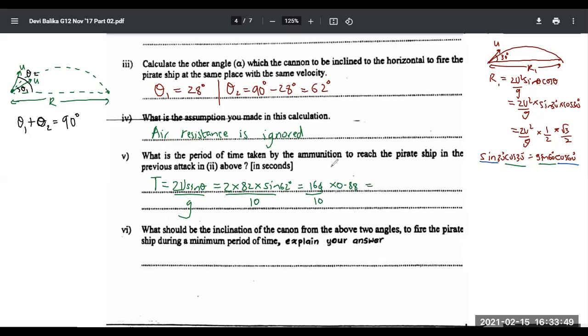And the final answer, it's going to be around 16.4 into 0.88, roughly somewhere around 14.5, let's say 14.5 seconds.